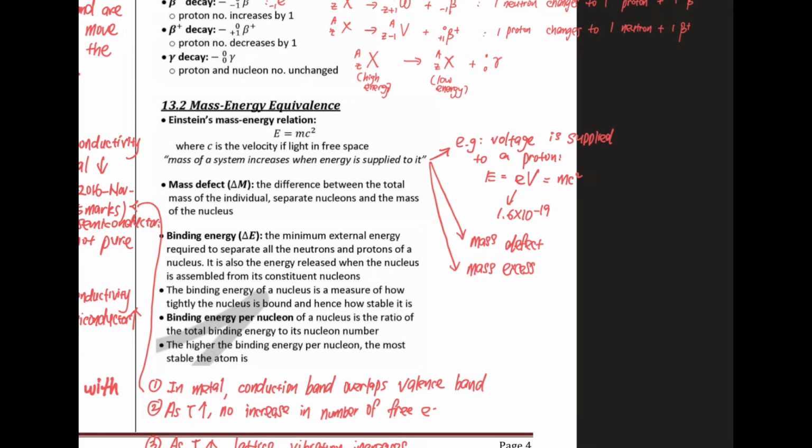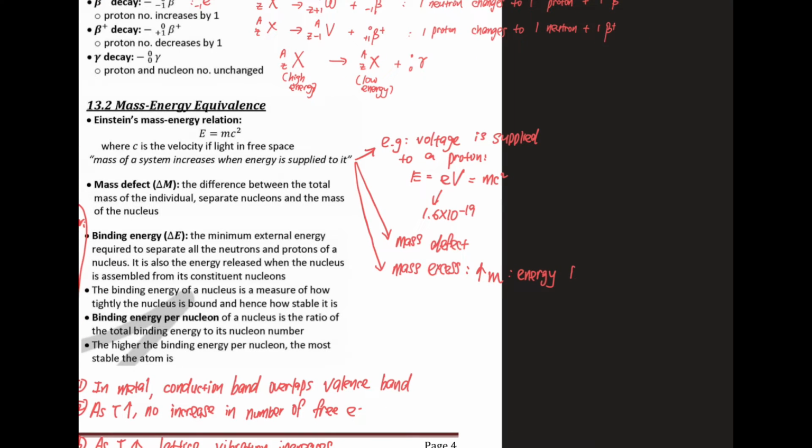So mass excess is increase of mass because energy is supplied to it. Energy is supplied. So what I mentioned just now, mass defect: mass decrease and energy is released.